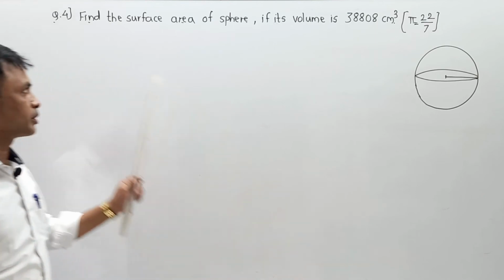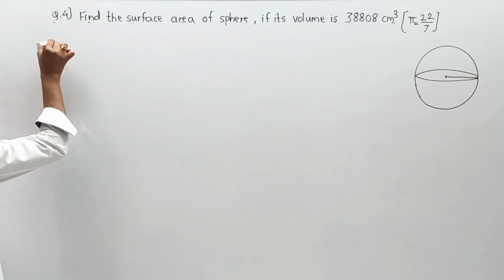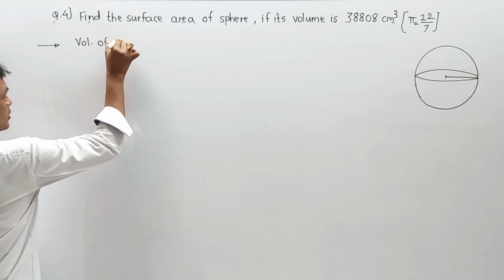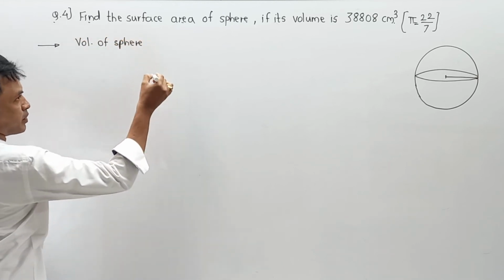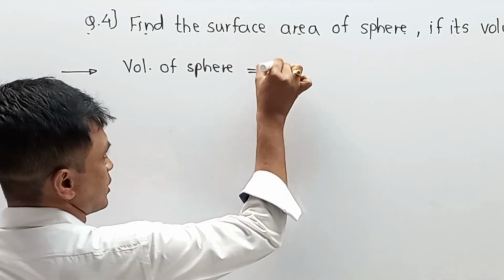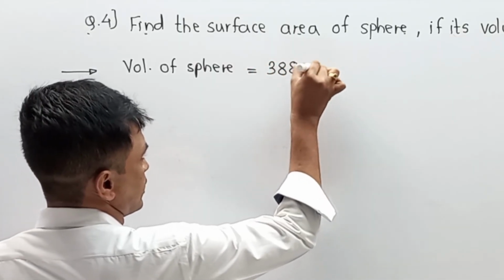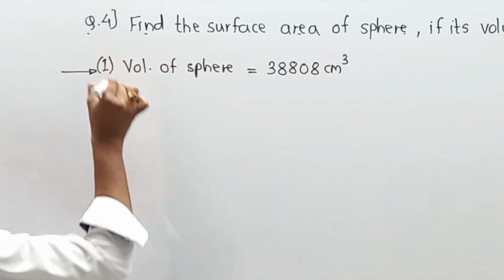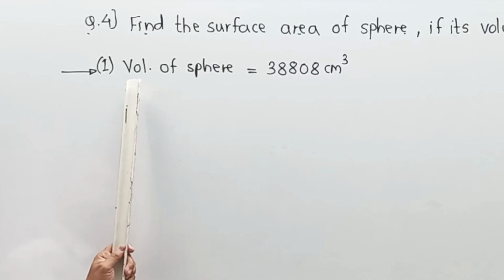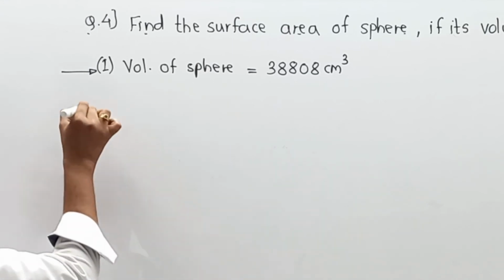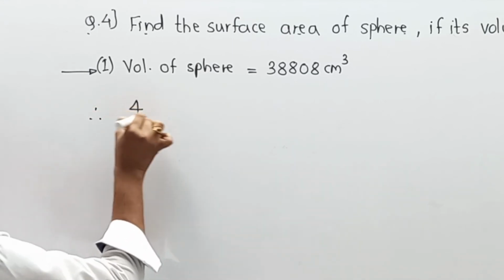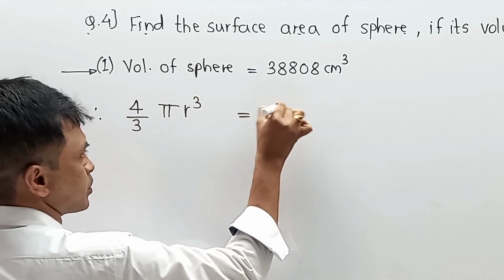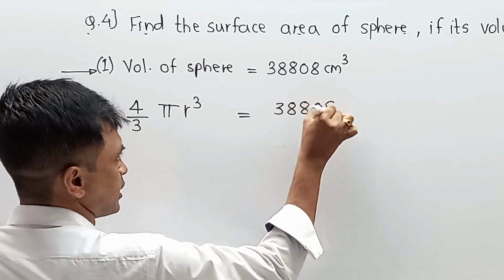Now one by one coming to the answer, and the part is volume of sphere. They have given 38,808 cubic centimeter. Now as per calculation in terms of a formula, the volume of a sphere, we know that formula, and that becomes 4/3 pi r cube is equal to 38,808.